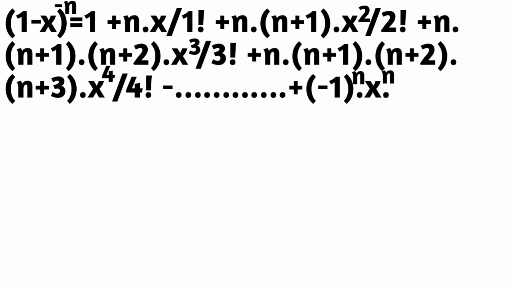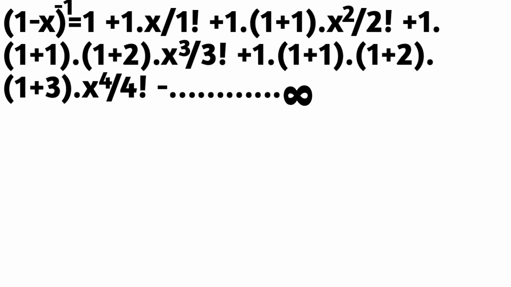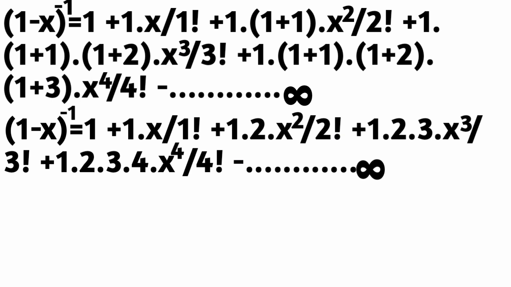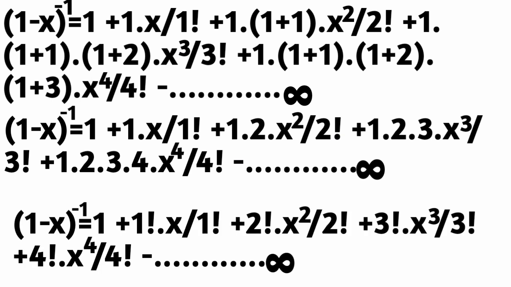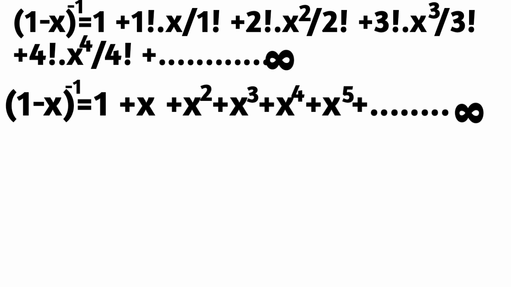And finally, if we replace minus n with minus 1, then we can see that the expression of (1 minus x) whole to the power minus 1 will become very simple, and this will be equal to an infinite series with increasing degree of x, as you can see here.